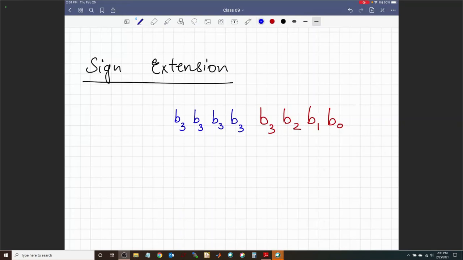And over here, if this was a positive number, then it continues to be a positive number. And if this was a negative number, it continues to be a negative number. We have seen that using 2's complement form, when you do that sign extension, we actually talked about how you prevent overflow from happening. But that's what sign extension is.